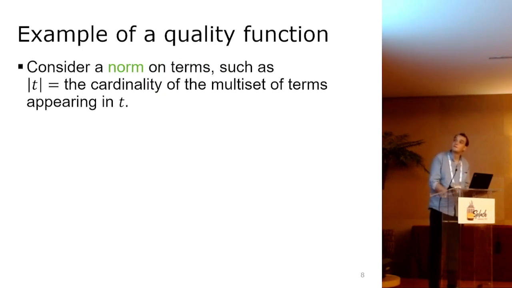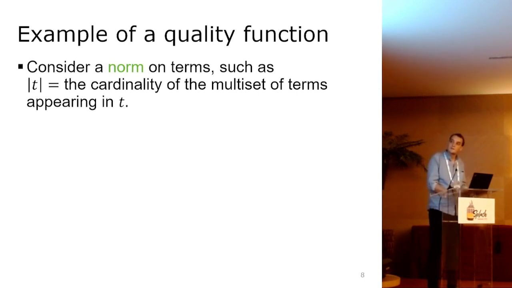So here we have an example of a useful quality function that we'll consider in the remainder of the presentation. This quality function is based on the notion of norm, and a norm on terms is something that for a given term gives the size of the term.